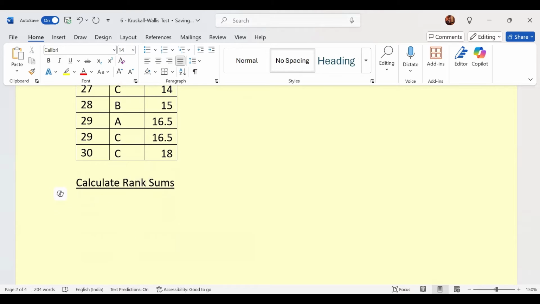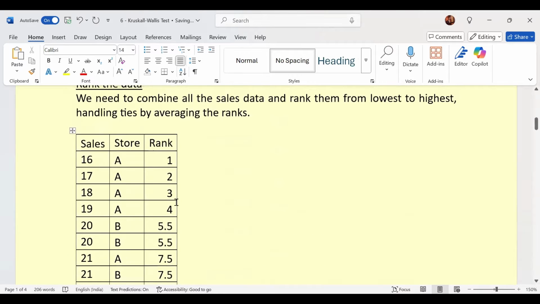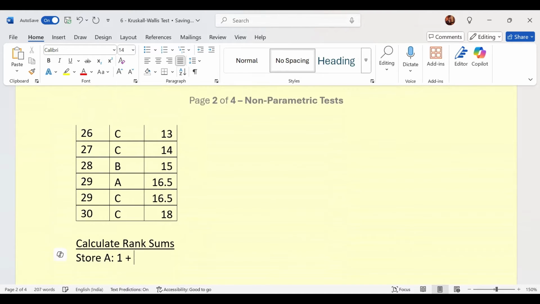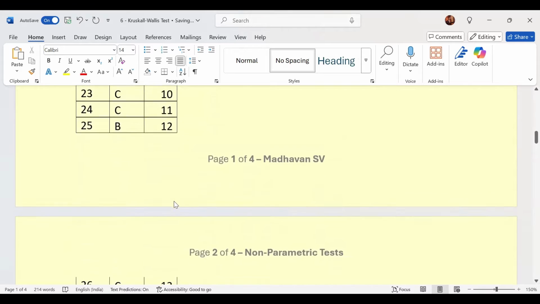For store A, let us add those which are all related to A. 1 plus 2 plus 3 plus 4. Then we have 7.5.